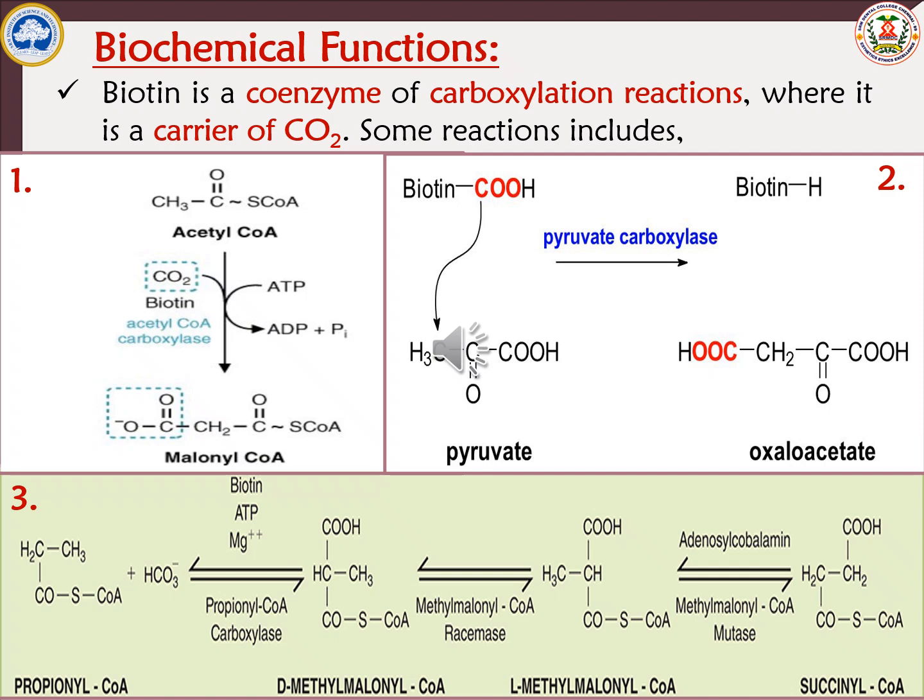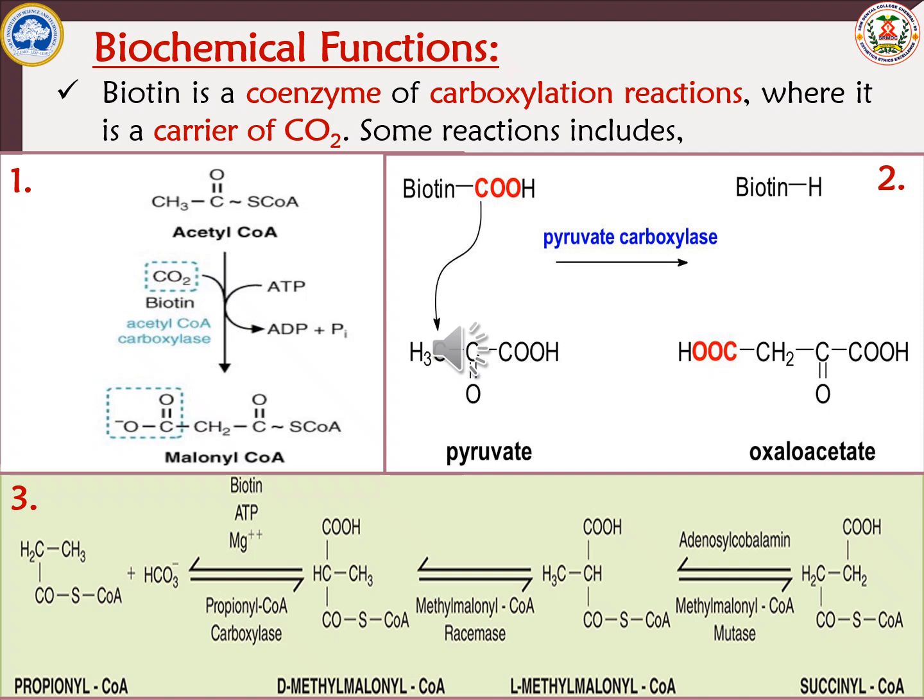The propionyl CoA formed will be converted into methylmalonyl CoA in the presence of biotin, where biotin acts as a carrier, and the enzyme involved is propionyl CoA carboxylase. This again undergoes racemization and mutation to form succinyl CoA. So these are all the three important reactions where biotin is involved.